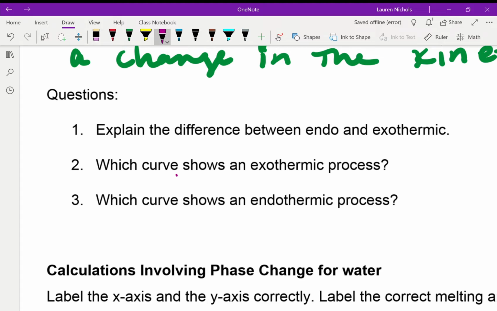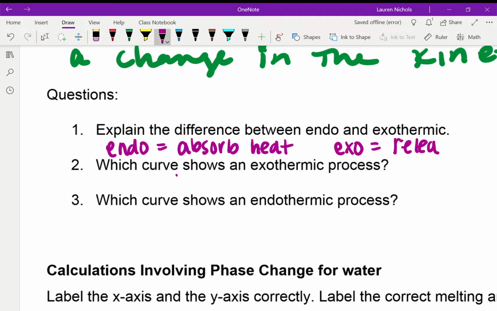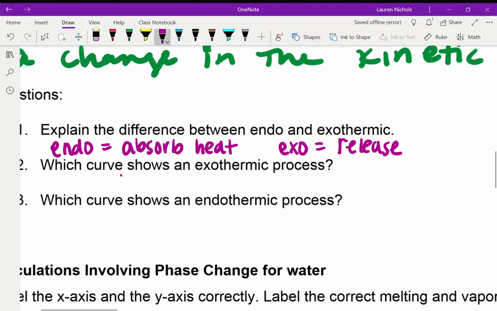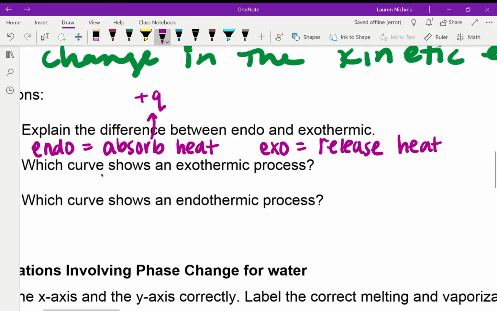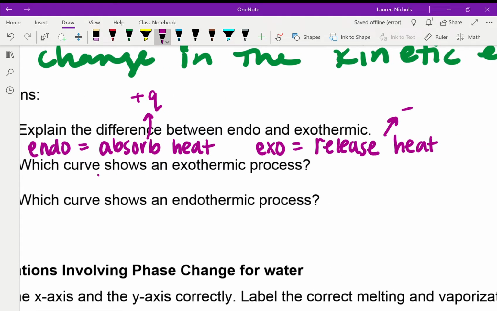Okay, so endothermic, we know endothermic means that you absorb energy, or absorb the heat. And exothermic means that you are releasing the heat, which we often show as endo, absorbing the heat, being a positive Q, and releasing the heat being a negative Q, right?